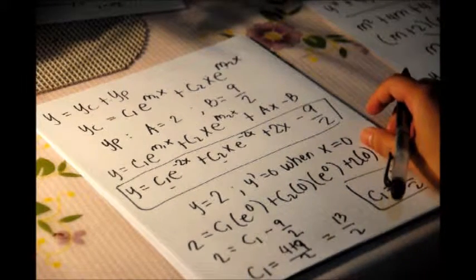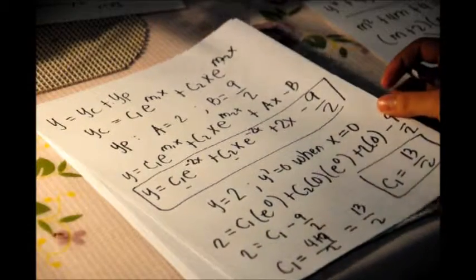Now with that, let's solve for the value of c2. Now how do you solve for the value of c2? So again, let's write the equation. Y is equal to c1 e to the negative 2x plus c2 x e to the negative 2x plus 2x minus 9/2. Now we have gotten the value of 13/2 for c1 earlier, so let's substitute it.